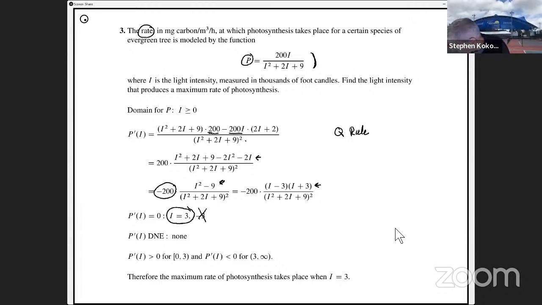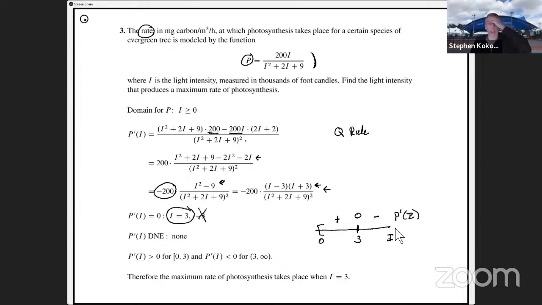I would draw a number line something like this, with 0 here and I equal to 3 here, where I know the derivative is 0. I generally look at this factored expression for the derivative to determine the sign of P prime in these intervals. It turns out that P prime of I is positive in this interval, and negative in that interval.